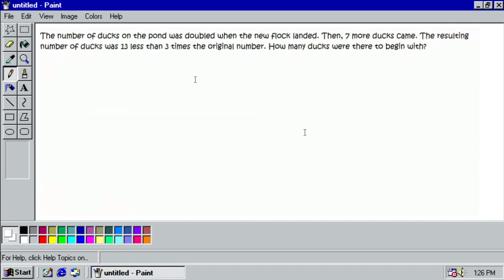The number of ducks on the pond was doubled when a new flock landed, and then 7 more ducks came. So let's say the number of ducks is x. The number of ducks was doubled when the new flock landed.